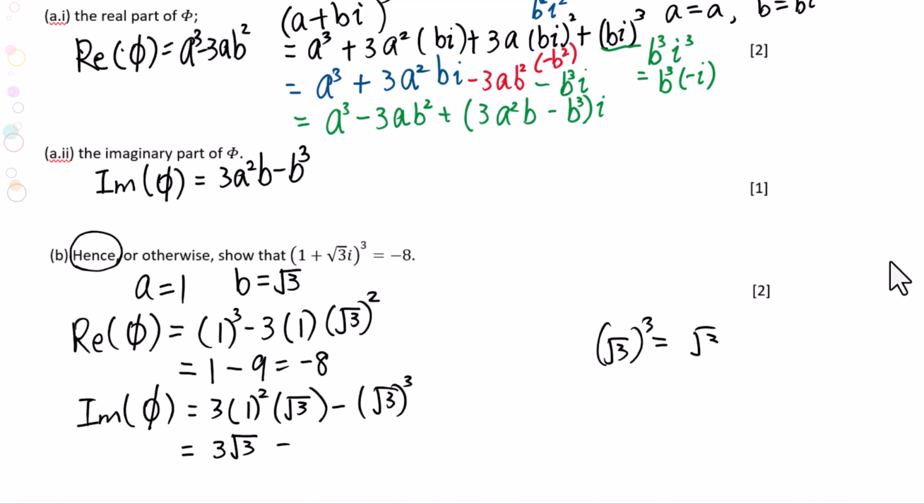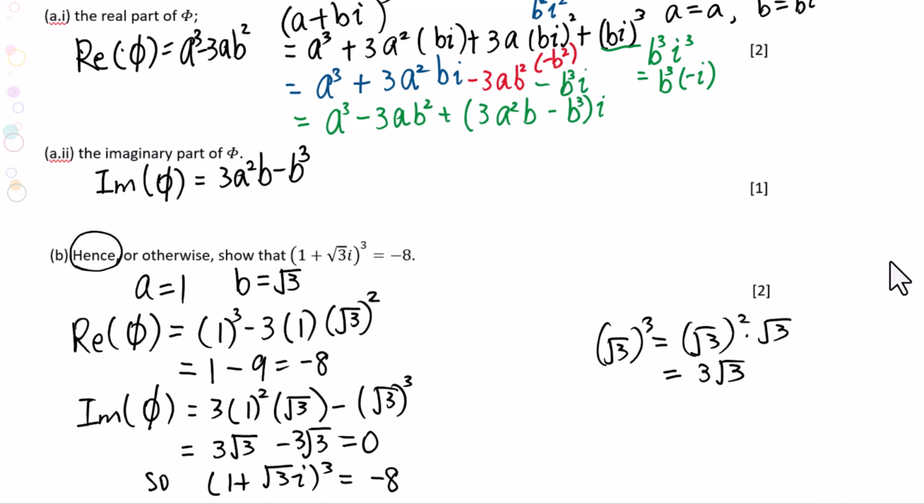Square root of 3 to the third power equals square root of 3 squared times the square root of 3, so we get 3 square root of 3. That equals 0. So (1 plus square root of 3 i) to the third power equals negative 8.